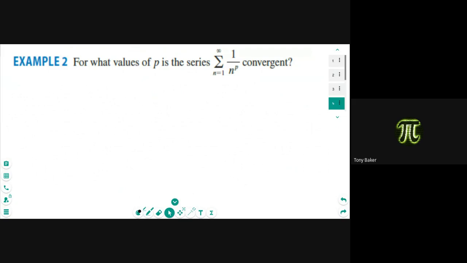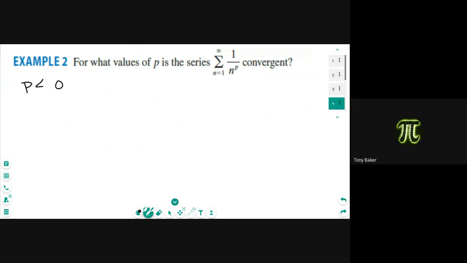Let's start with p less than 0. That means it's negative, and if it's in the denominator and it's negative, it's going to go to the numerator.